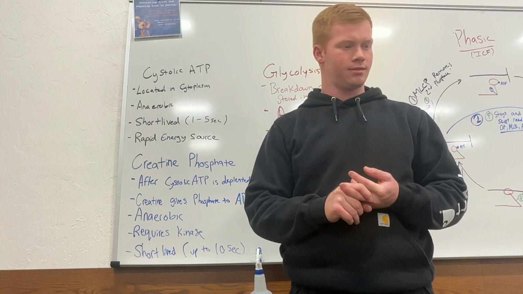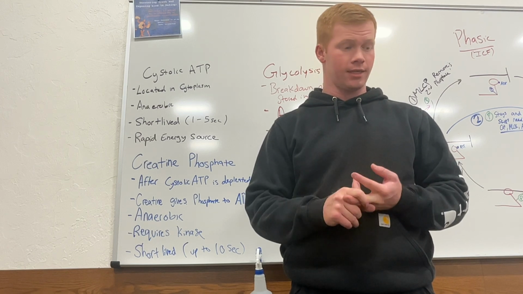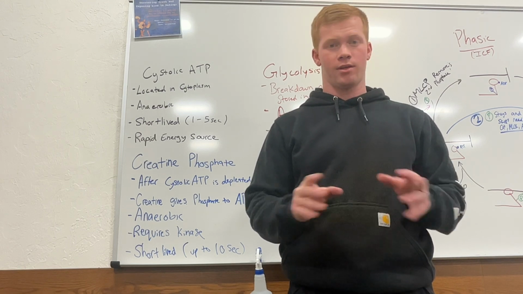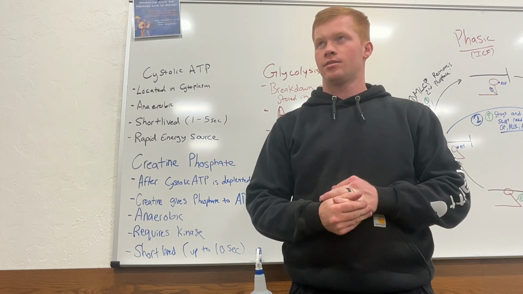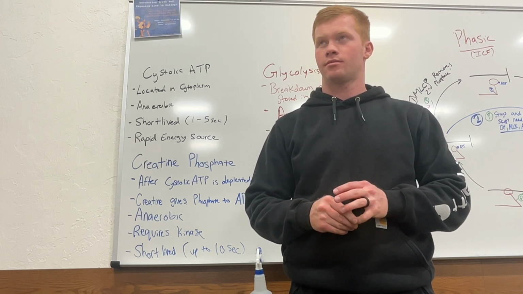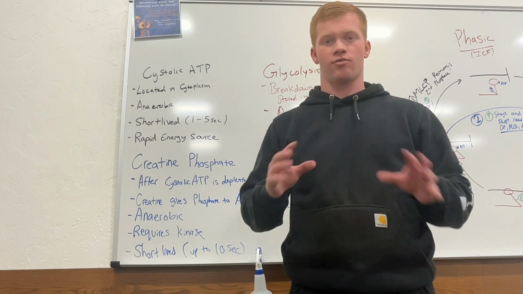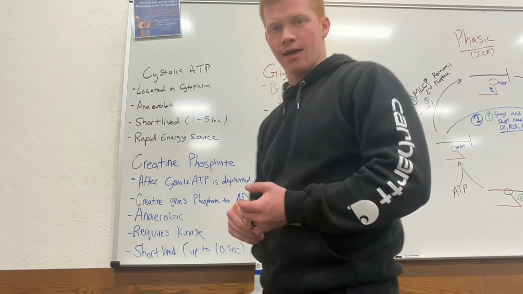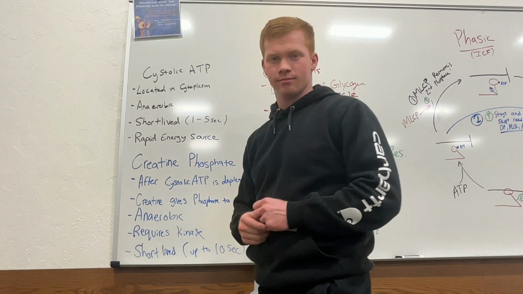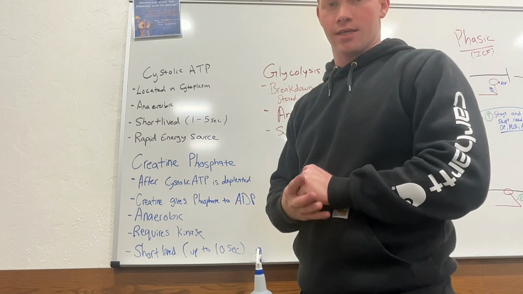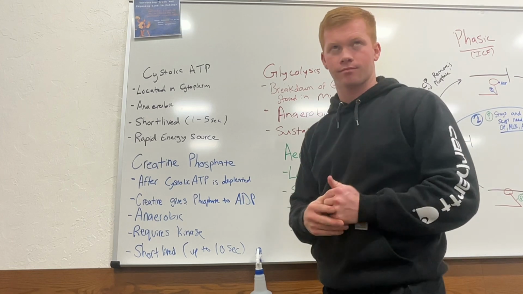It's short-lived. It only lasts between like 1 to 5 seconds. It's for very rapid movement, like with the eyes. And it's anaerobic, so that means it doesn't require oxygen.